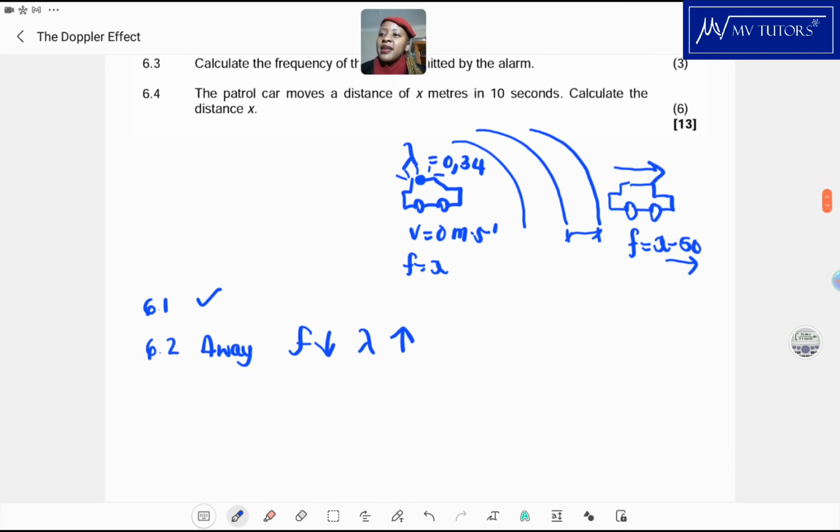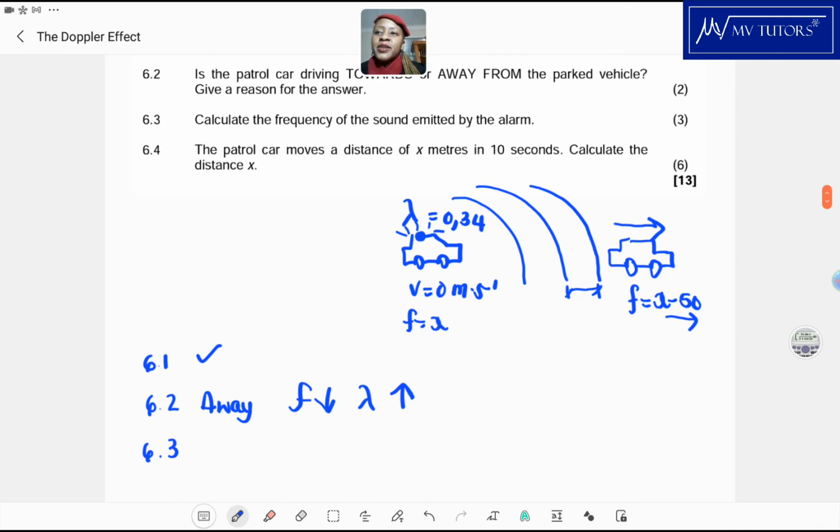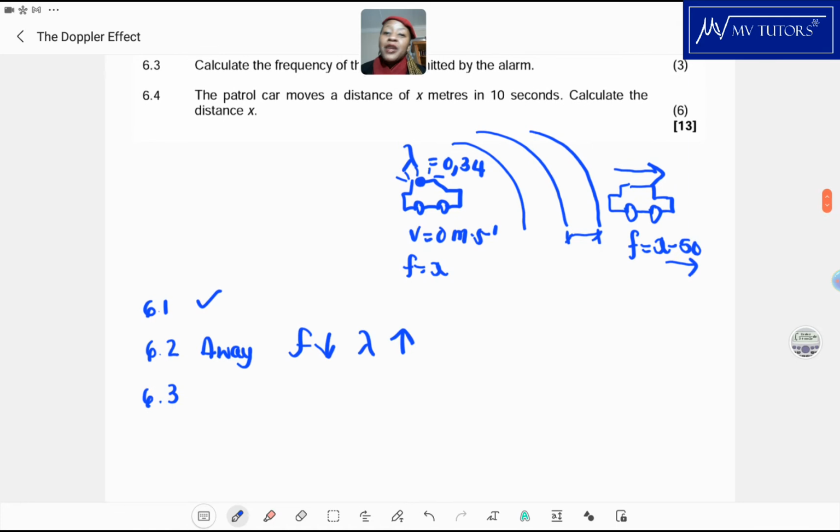So yes. Then 6.3, it says calculate the frequency of the sound emitted by the alarm. Remember that equation where I said the speed of sound in air is equal to your frequency times your wavelength. They have given us the wavelength, guys.